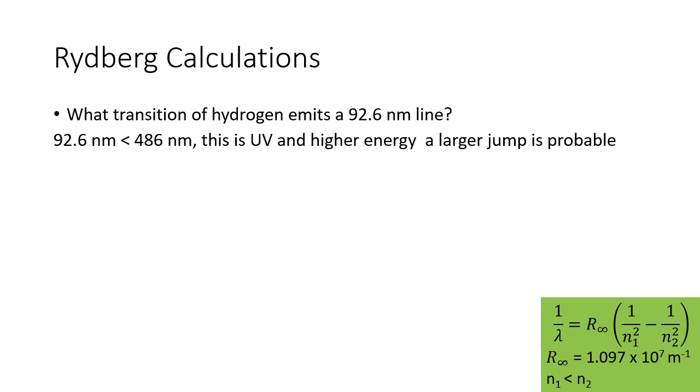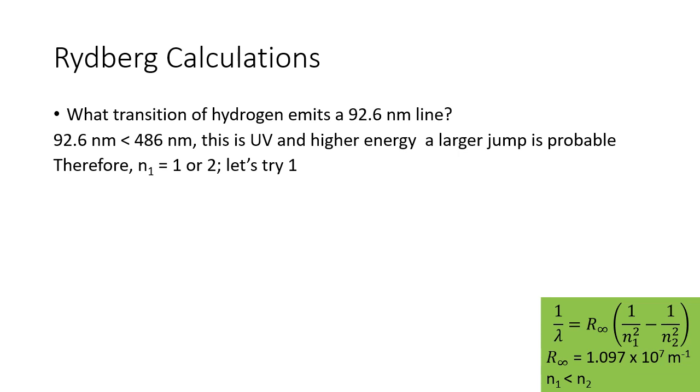So if it's a higher energy, we know the larger jump is probable, because there's an inverse relationship between wavelength and energy. So we want a larger jump, which will give us a smaller wavelength. All right, so we should be looking for that larger jump. And in the previous example, n was equal to 2, so let's try 2 or 1. We'll try 1 first.